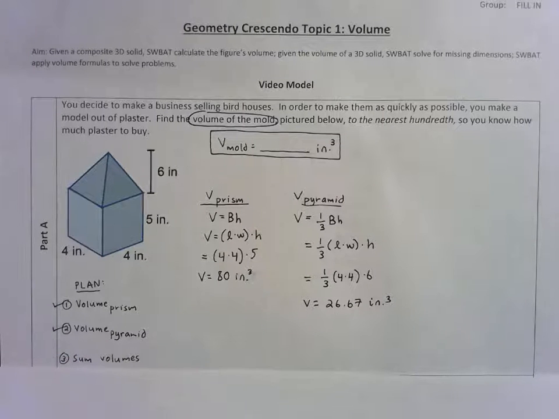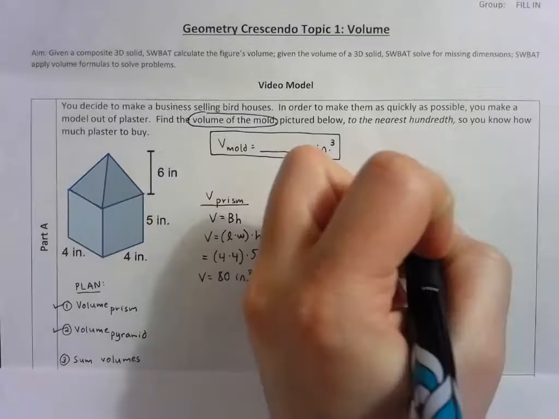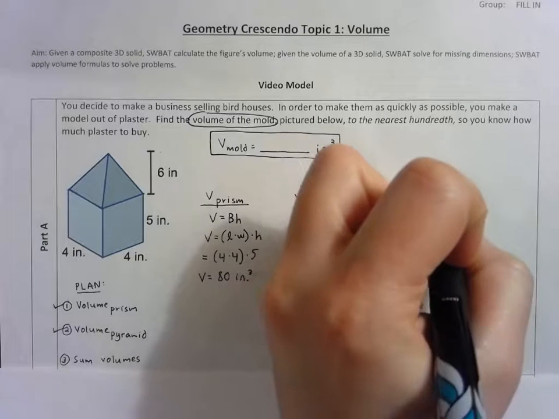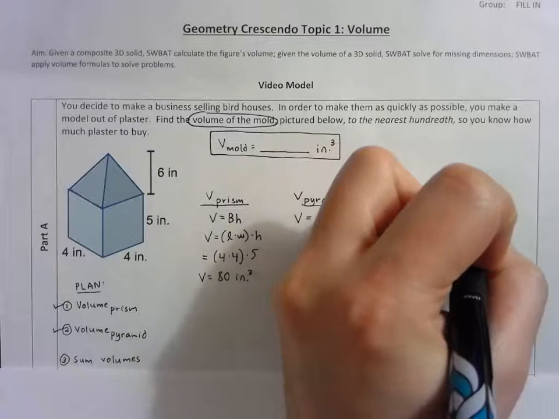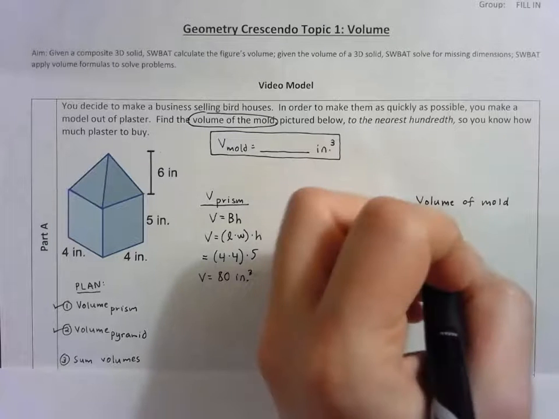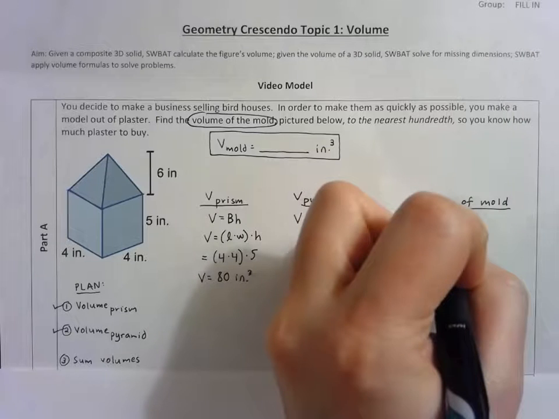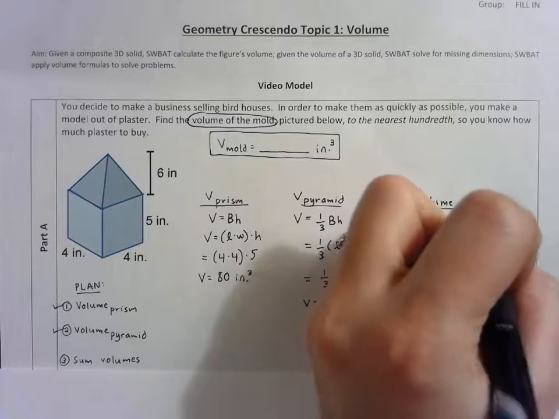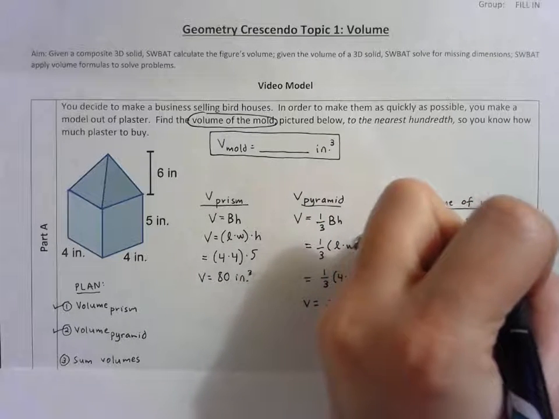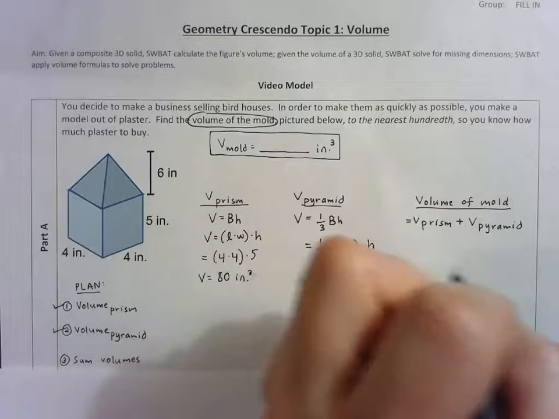To finish out this problem and find the total volume of the mold, I know that I need to sum the two volumes together. So I'm going to take the volume of the prism and add it to the volume of the pyramid to get the volume of the mold.